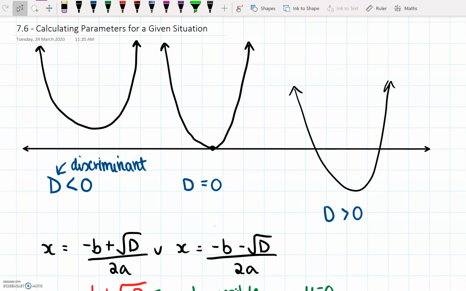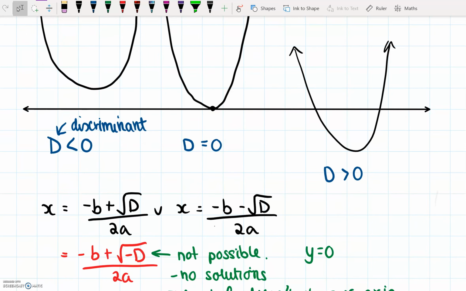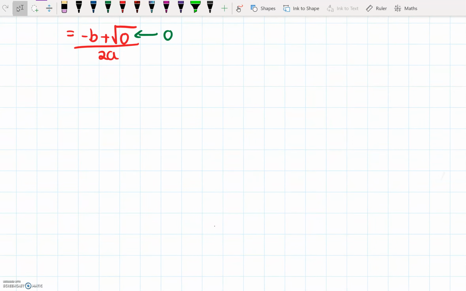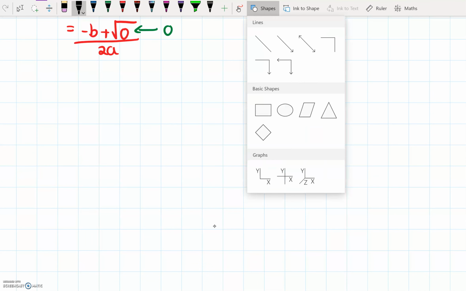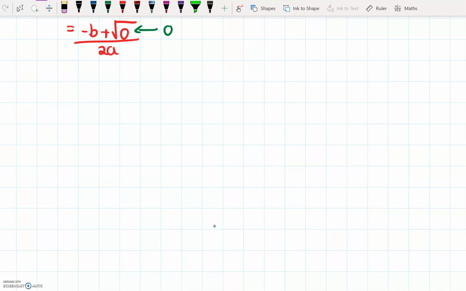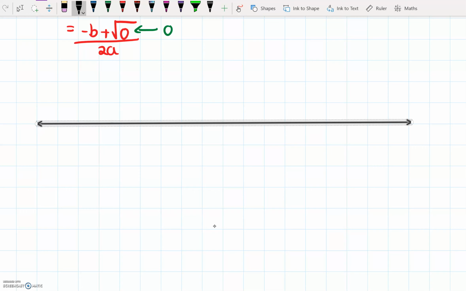Now, this is the case for a positive parabola. For a negative parabola, that means a parabola where our coefficient of x squared is negative, that's a parabola that's sad, so the parabola is facing down.